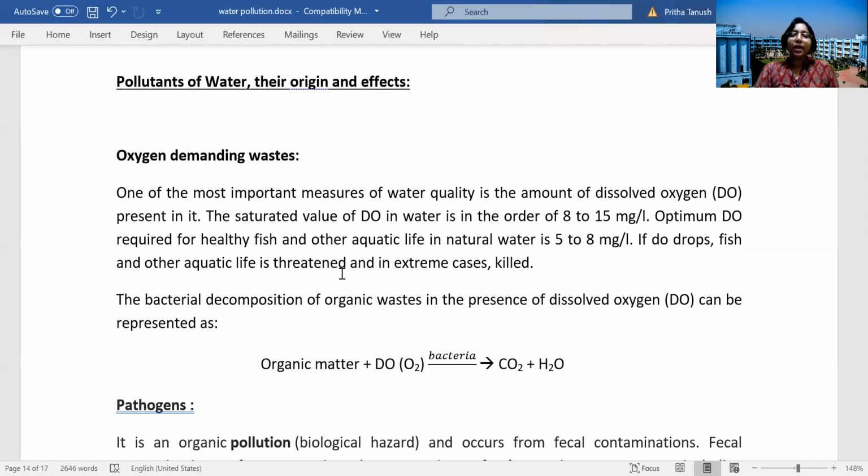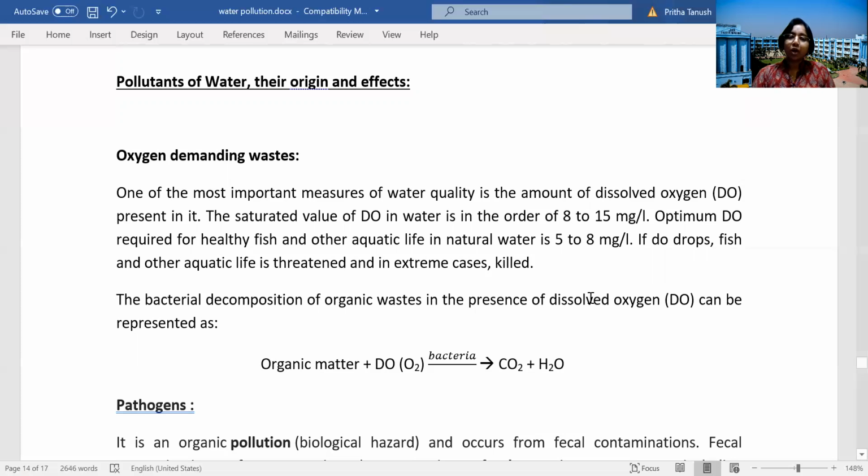And the saturated value of dissolved oxygen is 15 milligram per liter. There may be an MCQ question: what is the saturated value of dissolved oxygen? Then you have to say that it is 15 milligram per liter. If the question is what is the minimum value of dissolved oxygen required for aquatic life, then you have to say it is 5 milligram per liter.